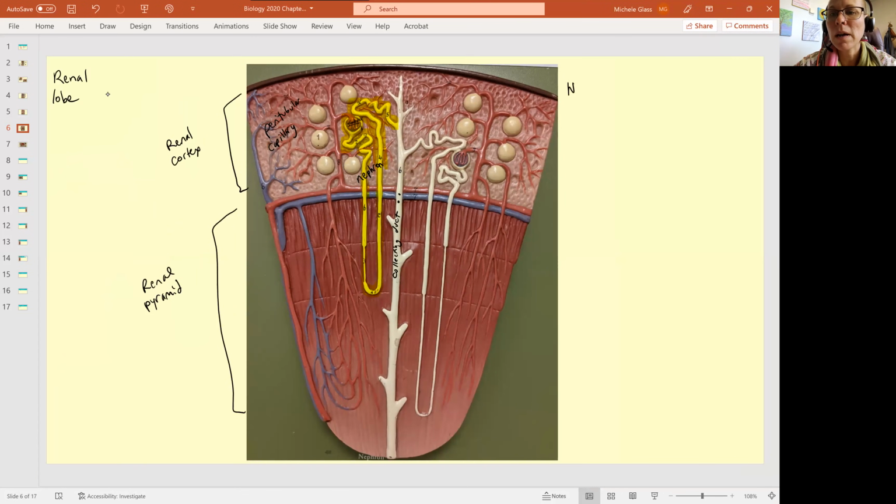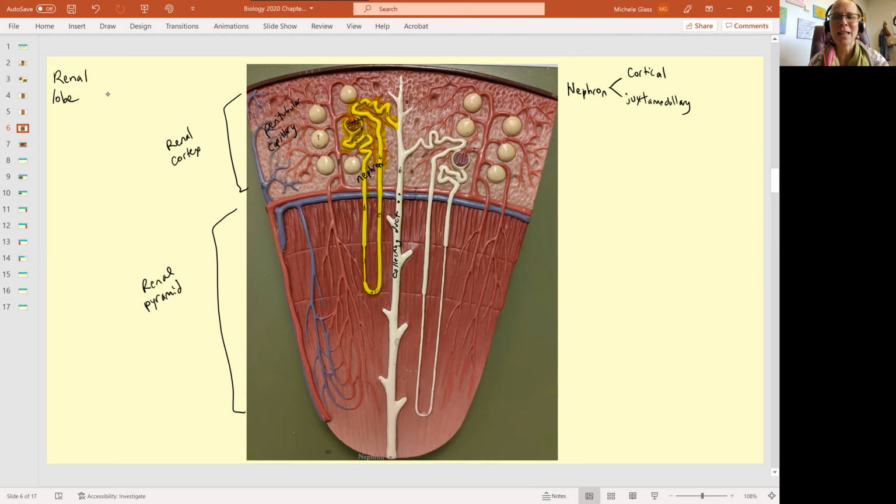Now, when we talk about the nephron, we will see that you can have a cortical nephron, which would be located, you guessed it, in the cortex. And then you can also have one that's extending further down into the medullary cavity, and we call that a juxtamedullary nephron, where my personal definition of juxta is like close to.